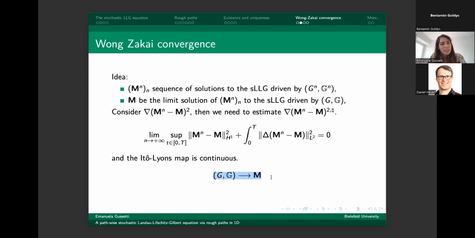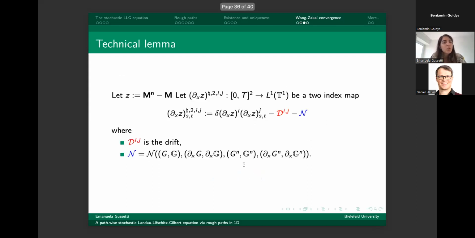Okay, let's see something. So in this case, we want to prove convergence of M^n to M. So we take the difference of the two, and we define the difference variable, that is the zeta variable. We take the derivative of the equation, and we use the product formula that we introduced before, and we look at the remainder term of the squared equation.